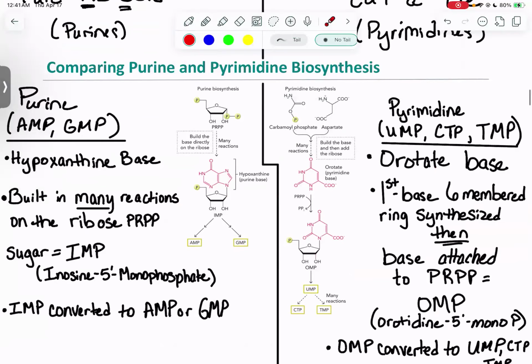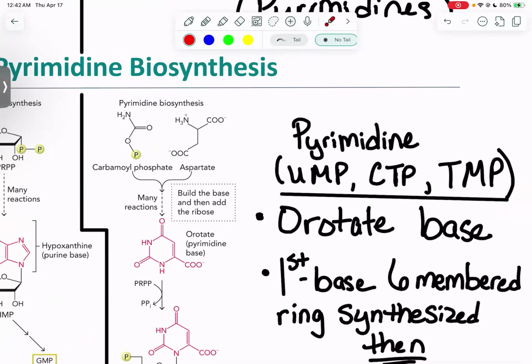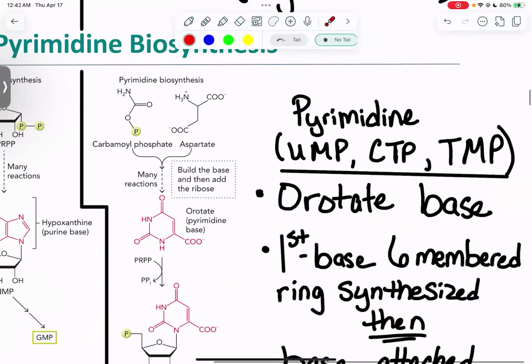Okay, so now let's switch gears and talk about pyrimidines. And we know our pyrimidines are the CUT. I guess I put them in the wrong order, but that's okay. So here, we're not starting with the sugar. We're going to combine carbamyl phosphate and aspartate, and we're going to build the common base.